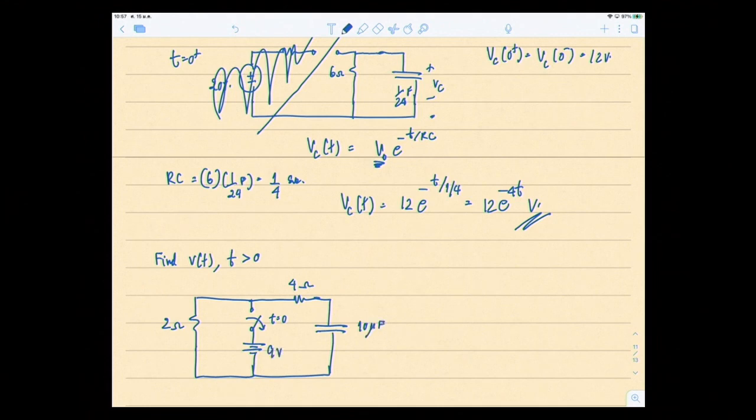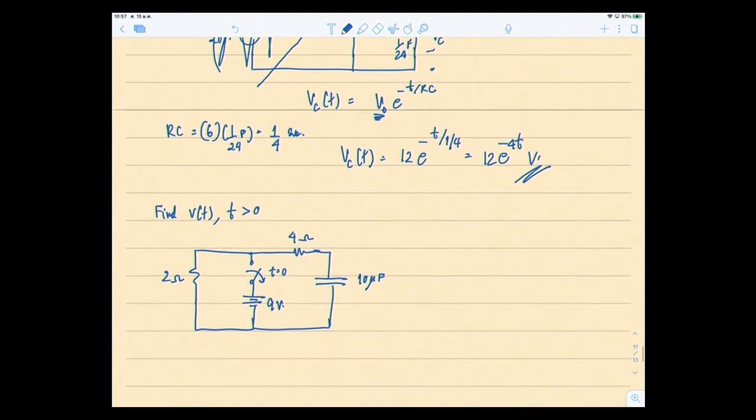Where's my V of t? It's right here. It's still the voltage drop across the capacitor. I just didn't write C, that's all.